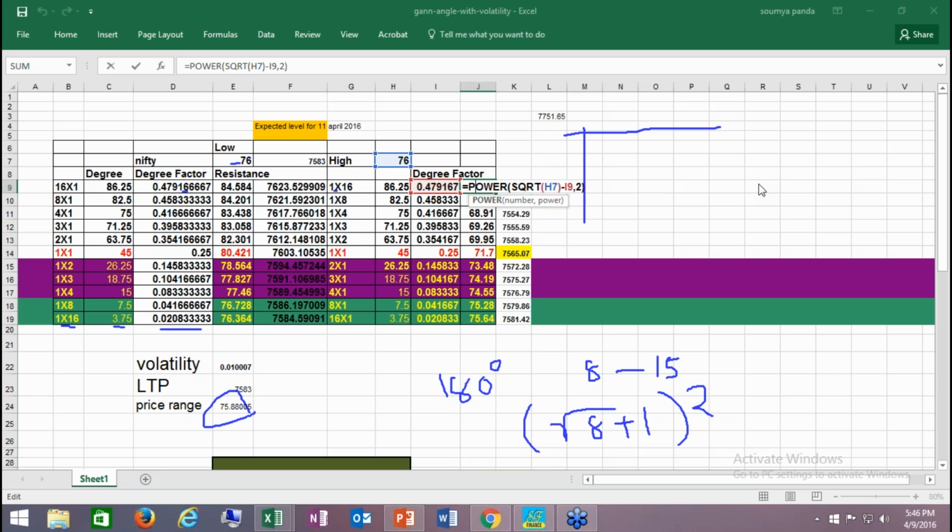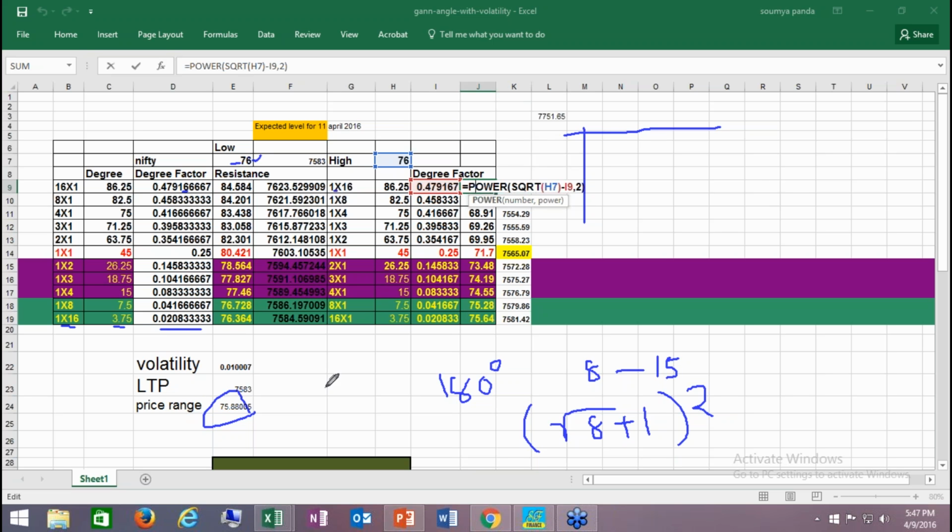But if I say, give me a number which is 3.75 degree above 76, and give me a number which is 3.75 degree below 76, then how to calculate?